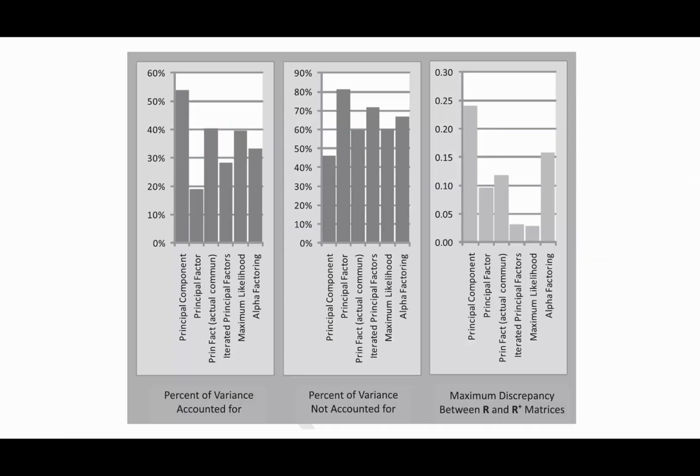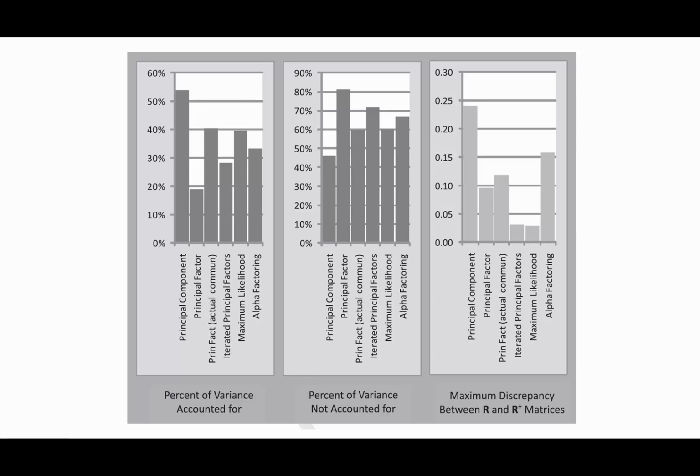So let's move on to figure 4.11, which compares these three principal factor methods with one another, and also with three additional methods. We have the maximum likelihood, alpha, and the principal component factoring. So we have 6 methods here, and they're compared in 3 ways. We're looking at percent of variance accounted for, percent not accounted for, and discrepancy between the actual correlations and the reconstructed correlations.